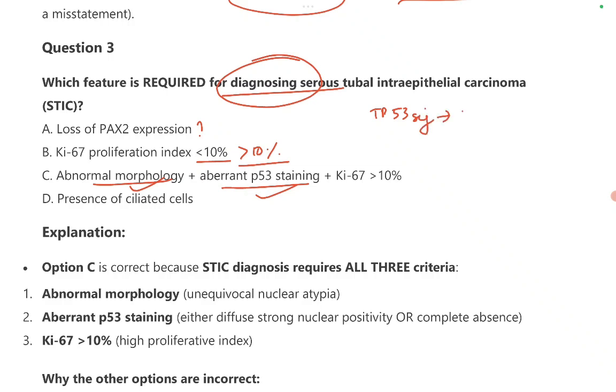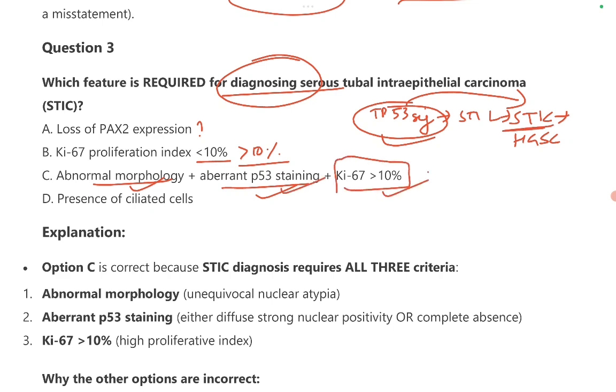That is, the normal sequence is TP53 signature, followed by STIL, and finally STIC lesion, and then we have high grade serous carcinoma. So all those lesions occurring after the P53 signature have aberrant P53 staining, and Ki-67 is greater than 10%, so that is also true. So option C sounds about right.